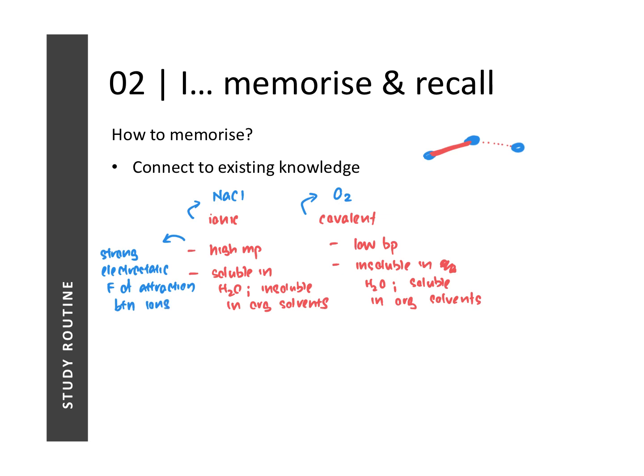This kind of attraction happens in what we call a giant ionic lattice structure. For something to have a low boiling point, there must be weak attraction between the particles. So in covalent compounds with simple molecular structures, they have weak intermolecular forces between the oxygen molecules. And this kind of structure is called a simple molecular structure.